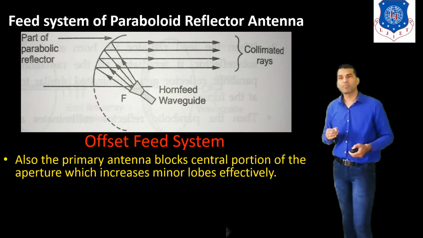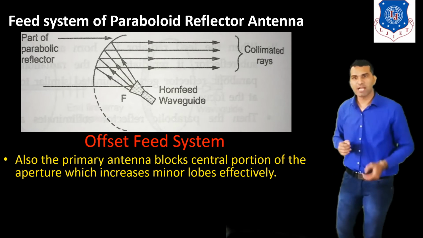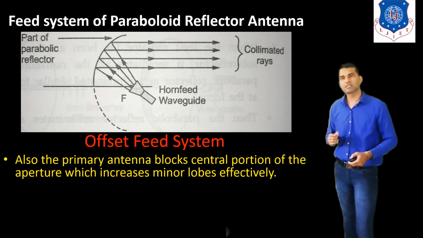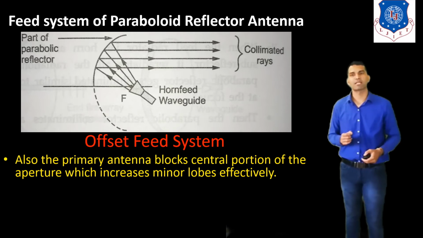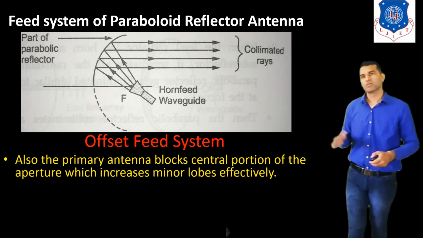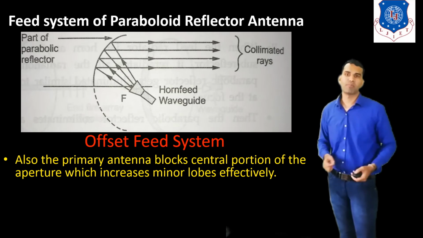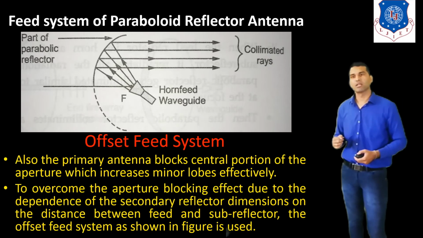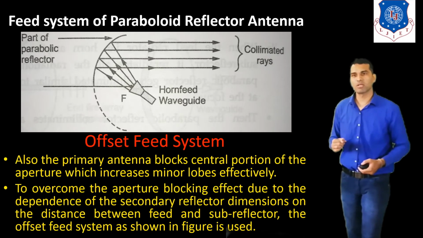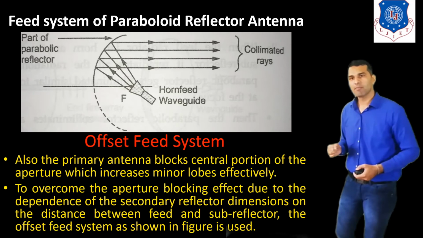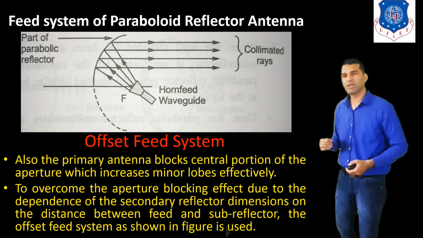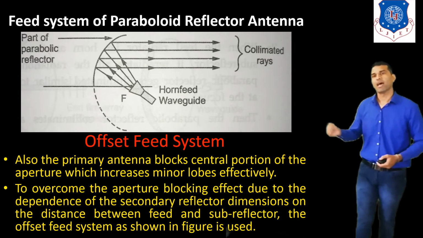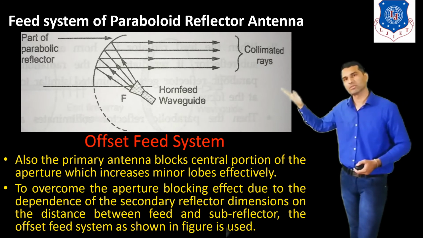Also, the primary antenna blocks the central portion of the aperture, which increases the minor lobes effectively. So due to this blocking, minor lobes are present. To overcome the aperture blocking effect, due to the dependence of the secondary reflector dimension on the distance between the feed and the sub-reflector, the offset feed system as shown in this figure is used.